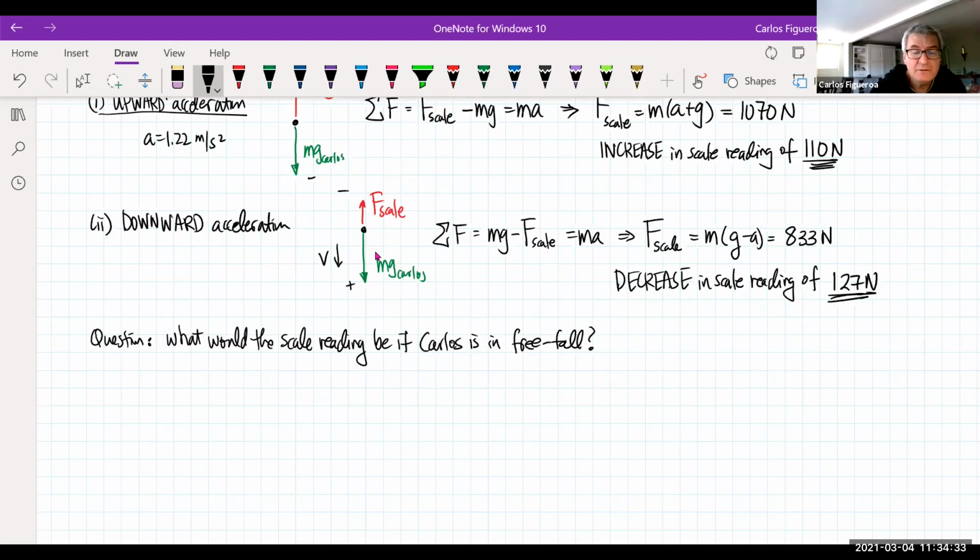Well, if we're in free fall, then what this really means is that, in the limit as a goes to g, when I'm looking at the scale reading, and of course I'm going down, this is really the limit as a goes to g of m(g minus a), and you can clearly see that the reading goes to 0.